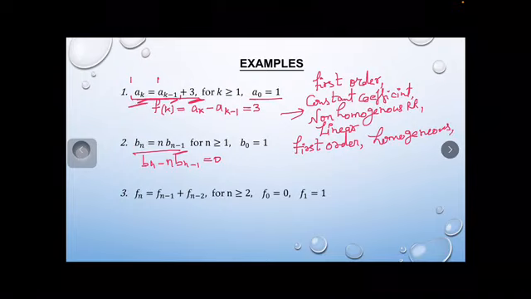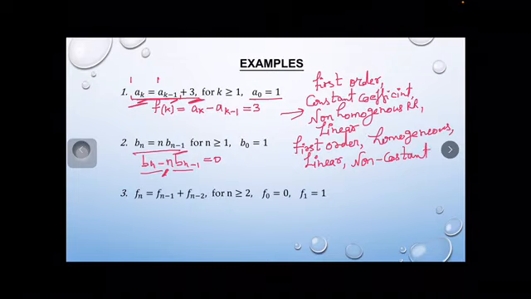Clear? Next, is it linear? Yes, because the degree is 1, so this is the linear recurrence relation. Is it constant or non-constant coefficient? The coefficient of the recurrence term is n here, so this is the non-constant coefficients recurrence relation.